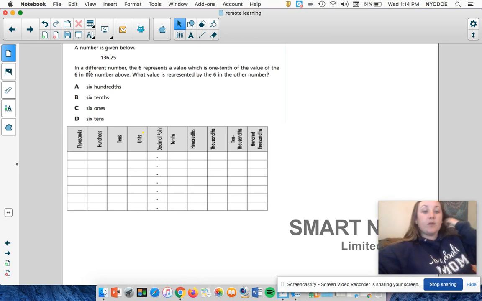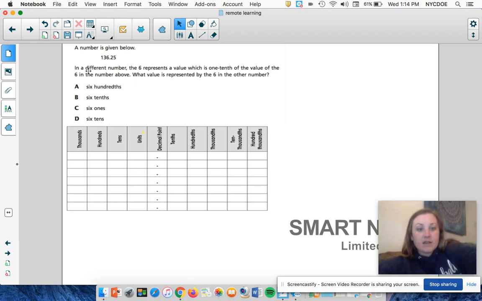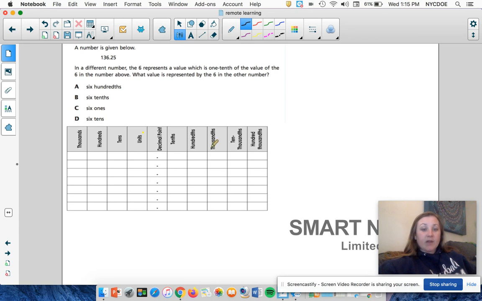Okay, so a number is given below, 136 and 2500s. Again, that's 136 and 2500s. I'm going to take that number and plug it into my place value chart.